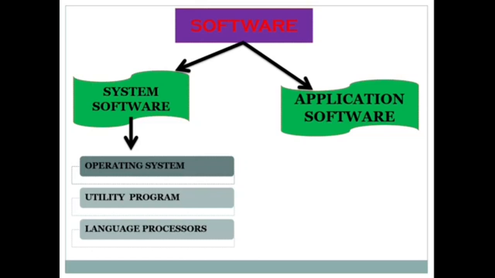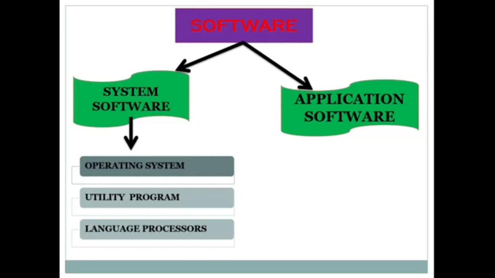Okay, the next one is utility program. That means it keeps things clean, for smooth operation. The computer will work smoothly. The next one is language processor. It is to translate the high level language into machine code.